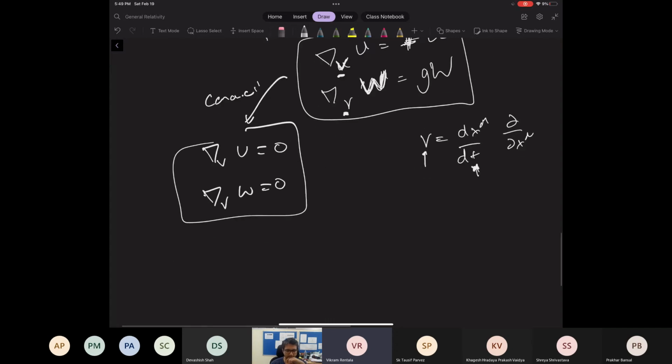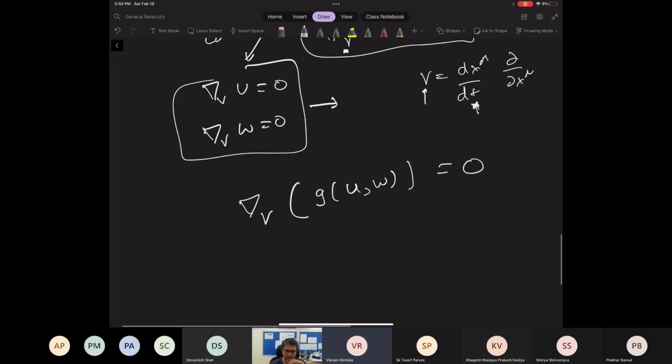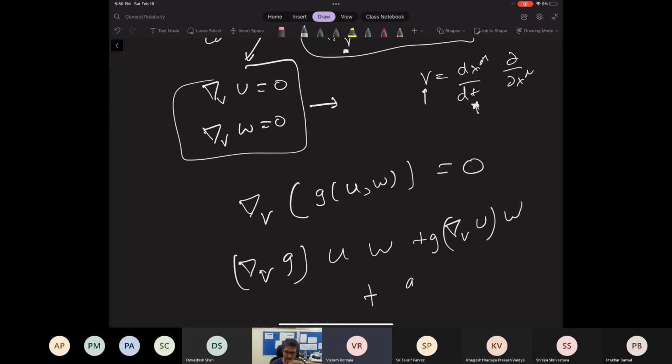With this canonical choice, that's how we derive the Christoffel symbols. The Christoffel symbols were derived for this canonical choice. If you recall the derivation, we said that under parallel transport the inner product, which is g acting on u and w, is preserved. What we did was we took this plus grad_v u. This is just the Leibniz rule, I'm just writing it schematically.